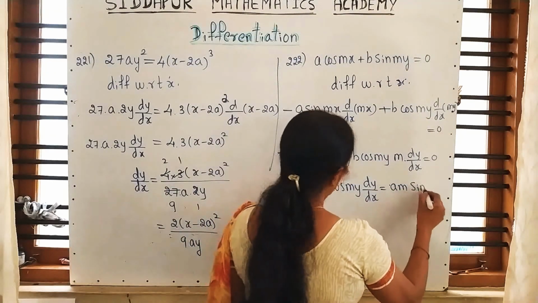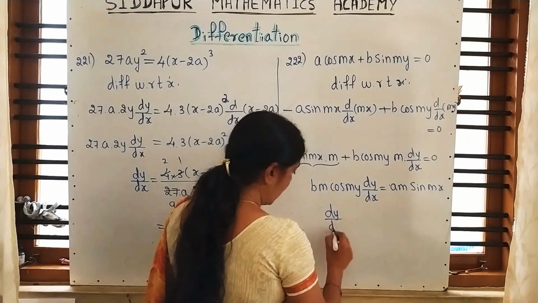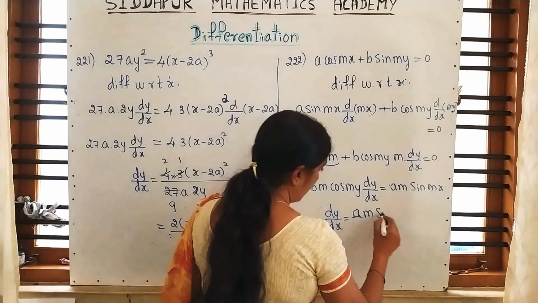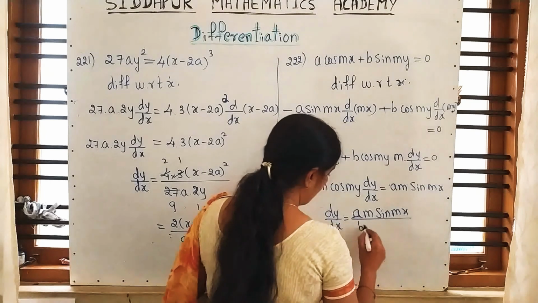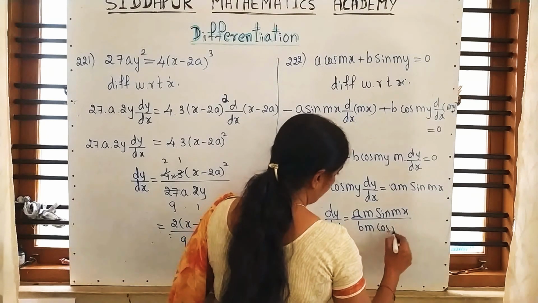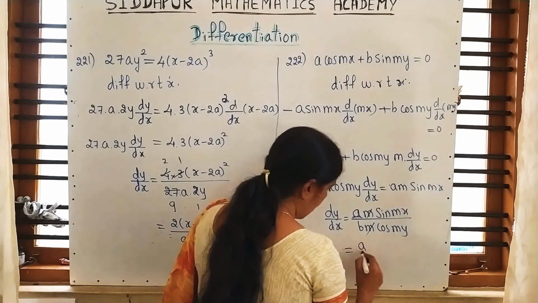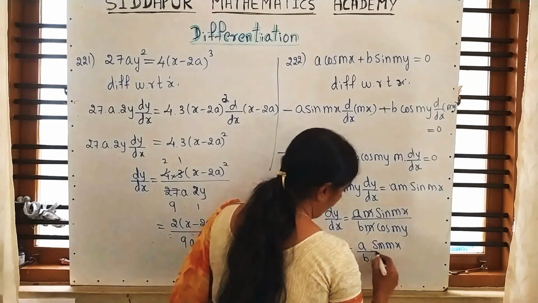Am sin mx. dy upon dx is equal to am sin mx divided by bm cos my. M gets cancelled, it is a upon b. This is sin mx upon cos my as it is.